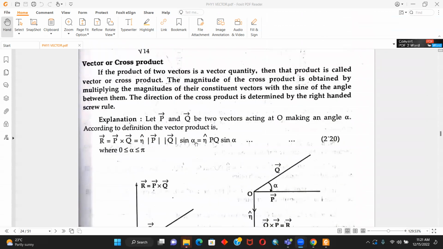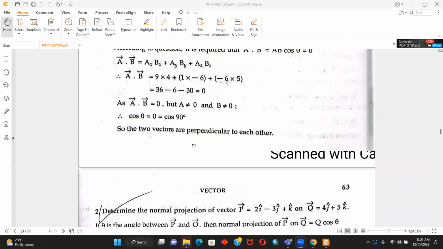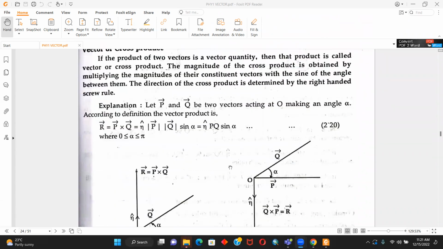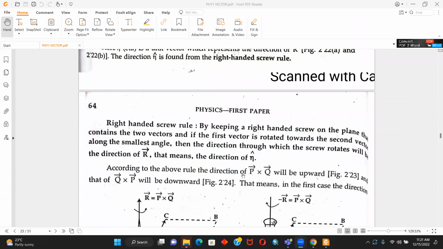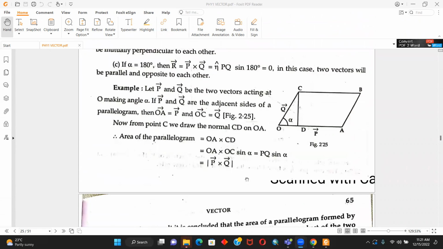Even if you get questions regarding dot products or cross products, you will mostly get it in the mathematics portion. In physics, teachers don't tend to give these questions. So you will study vectors in mathematics as well as in physics.